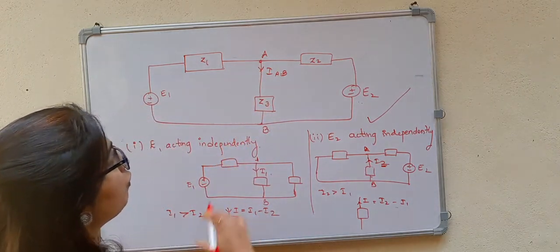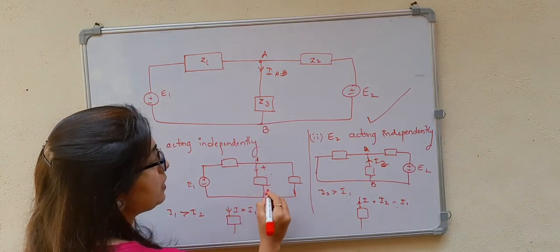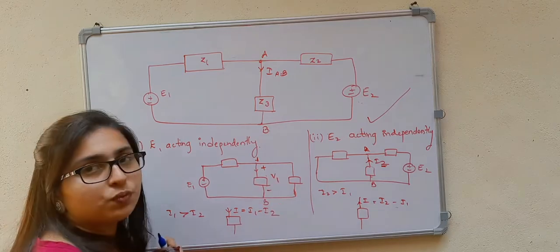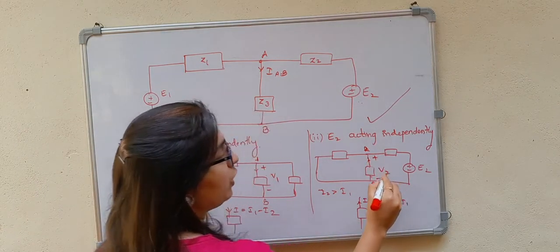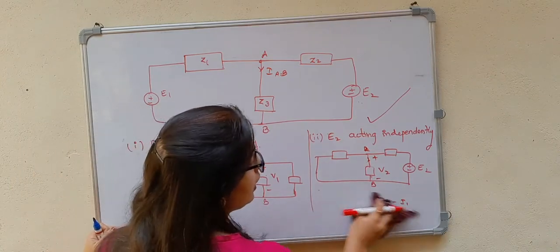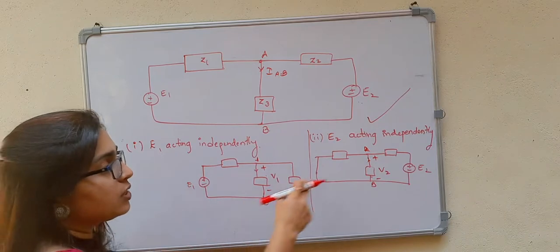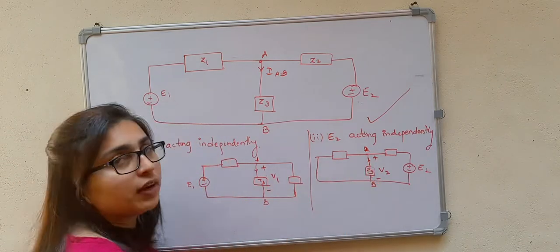Now if I have to find the voltage, in that case what will I do? Plus minus, I will consider this as V1 and here I will consider plus minus V2. Okay, these are the voltages across this element Z3 because of E1 and E2.